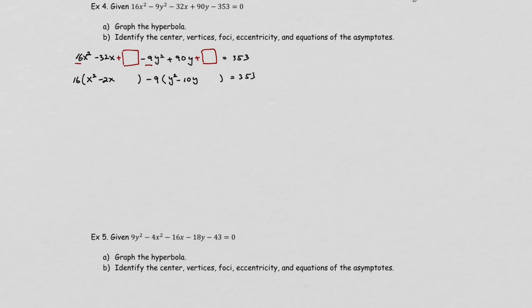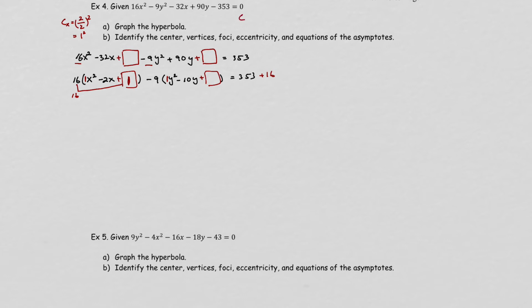Now, again, we're trying to add new c, and we should be able to do that since our leading coefficient is 1 now. And the new c for the x variable is going to be (2/2)², which is 1² so it will be 1. And when you're multiplying 16 with 1, you get 16. So you add 16 on the left side, so you're adding 16 on the other side too.